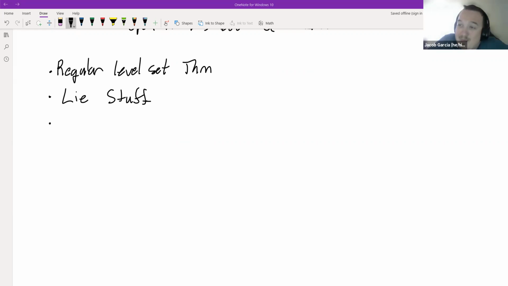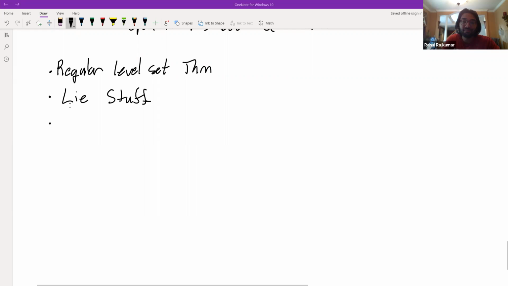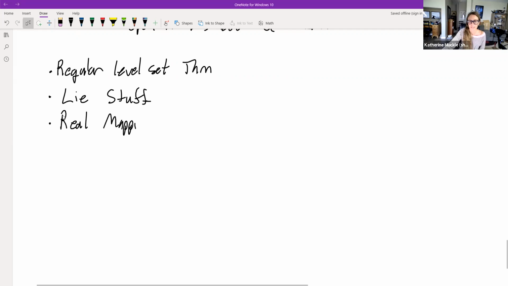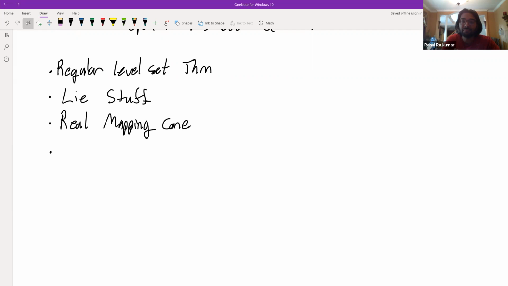He hasn't put a mapping cone question on a Qual yet, but he might. I could be wrong. I think when I was talking with him, he said he put the real version on a Qual, maybe. Not the complex one. Okay. So maybe we should talk about the real mapping cone. The real one is a lot more recent, I think.